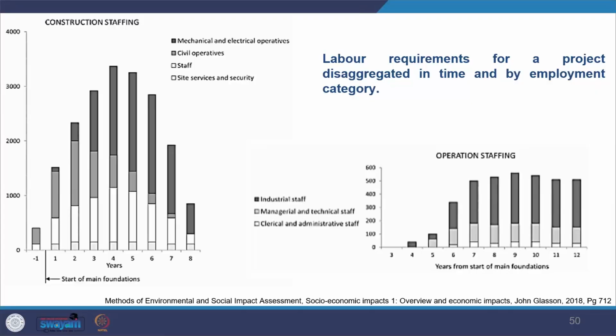study. Here you can see in the diagram, they have projected the labor requirements for a project, and how they are looking at the disaggregated data by time and by employment category.